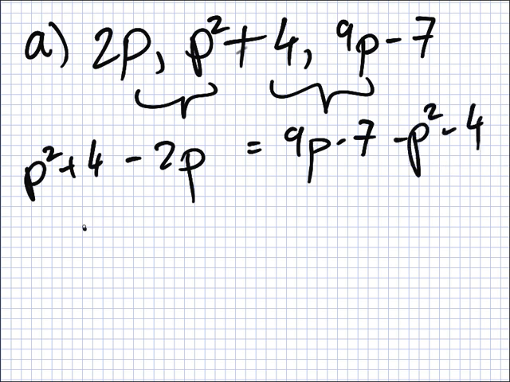Taking everything to the left, we get 2p squared minus 11p... Oh, I forgot about the 7. What is it? Plus 15?